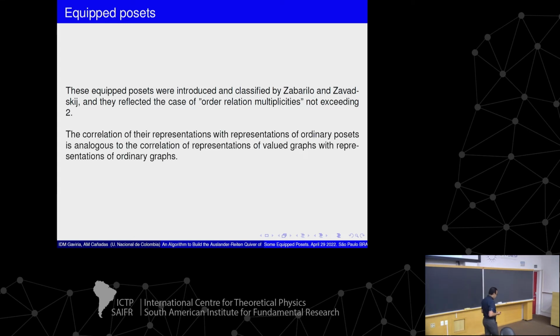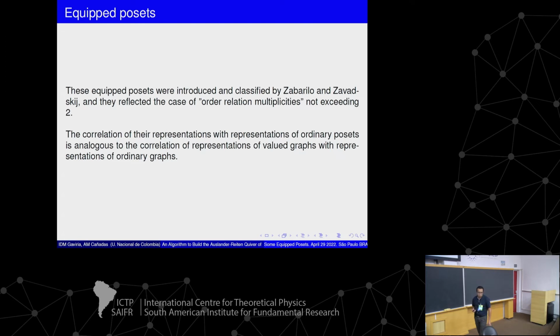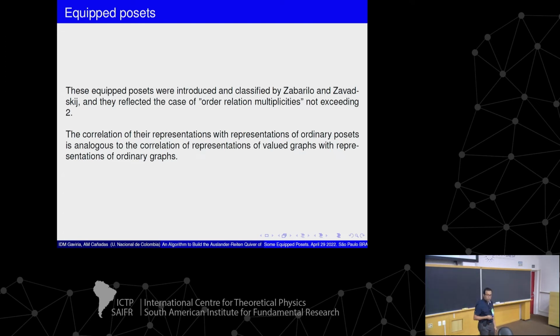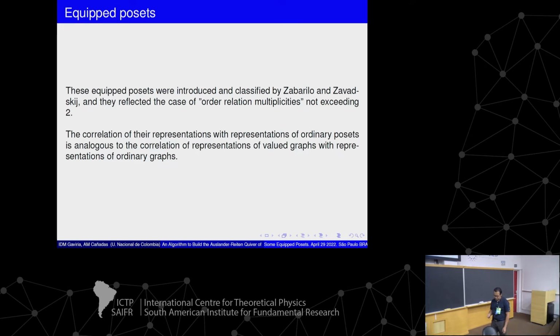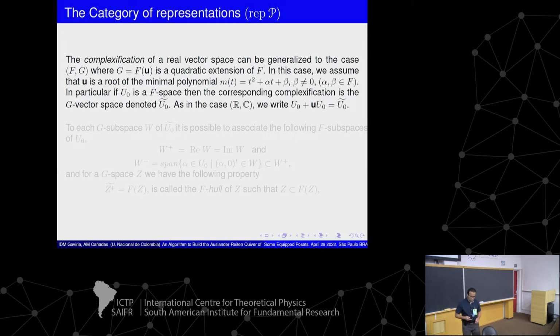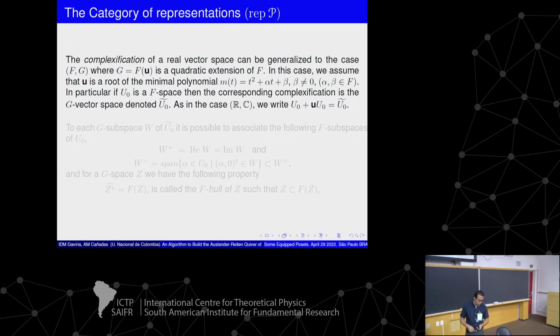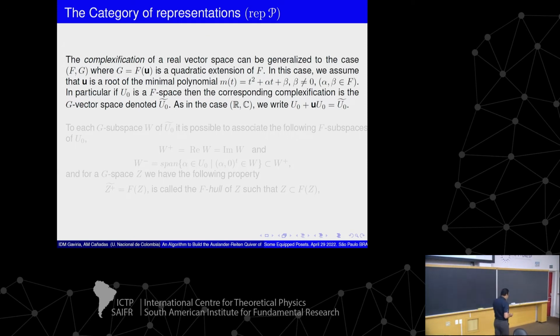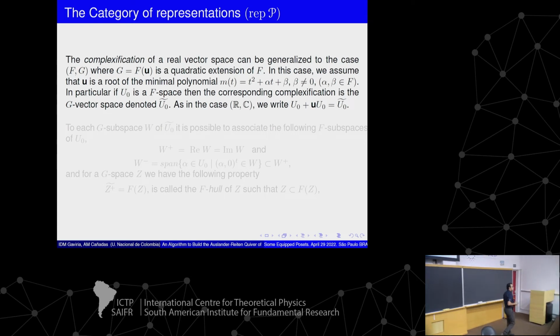So the correlation of the representation of equiposets with the representation of ordinary posets is analogous to the correlation of the representation of valued graphs with the representation of ordinary graphs. So we have the classical representation theory of posets.